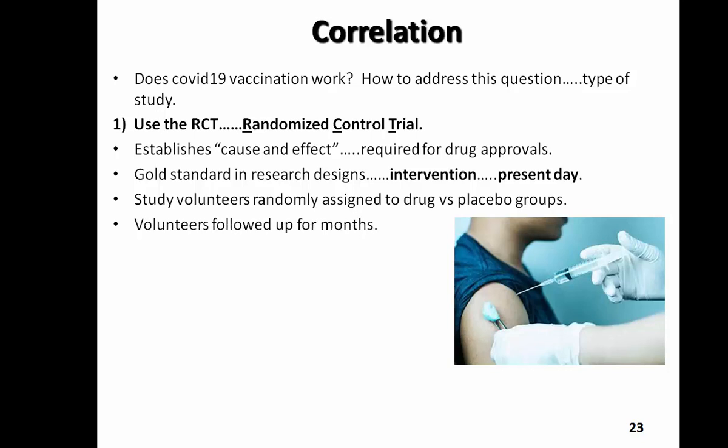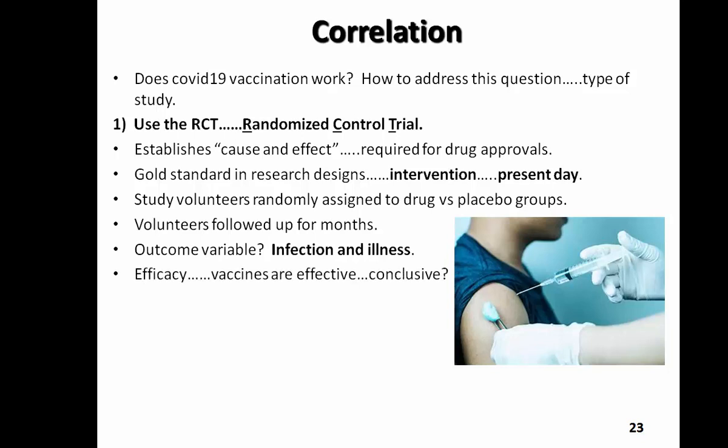The volunteers would then be followed up for months, and the outcome variable is infection and illness. By following these research participants, those that report a positive COVID test or a positive infection and subsequent illness can be tracked back to the number of individuals that were assigned to the drug group or the placebo group.